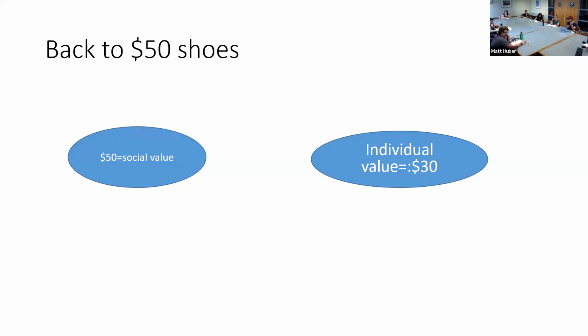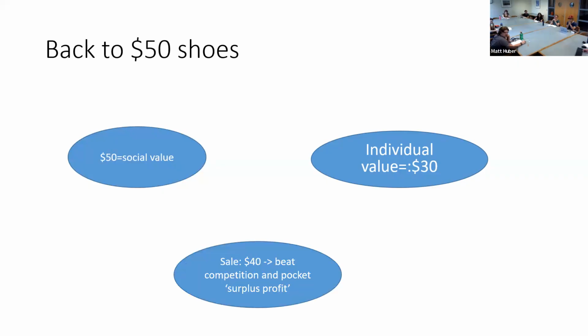And let's say the value of those shoes individually with the new machine is $30, right? So what he says is that this new efficient shoemaker can go into the market and sell the shoes above their individual value but below their social value, which is what society has said is the socially necessary labor time to produce shoes, which comes to $50, or whatever I just said, like 70 shoes an hour or whatever it might be.